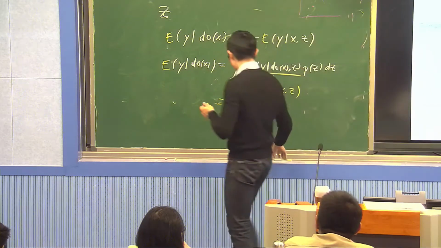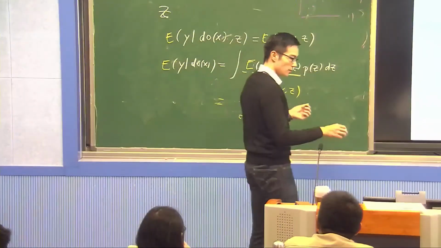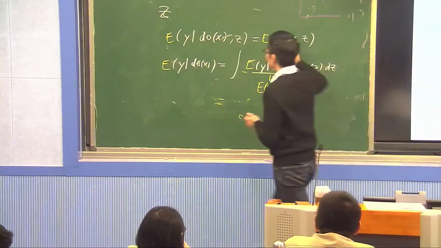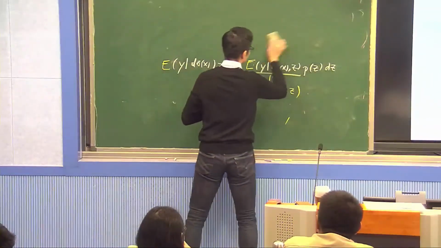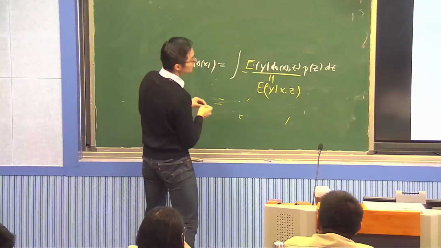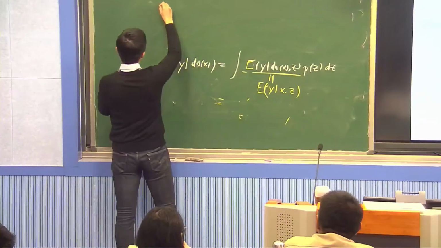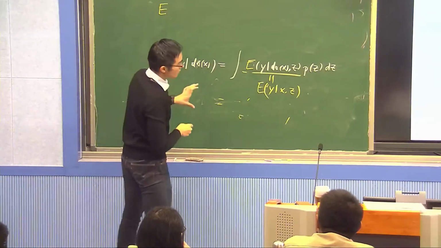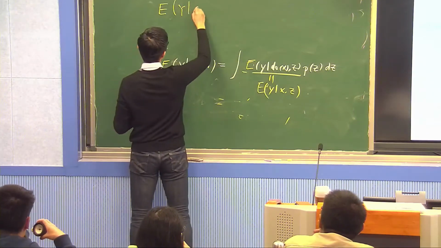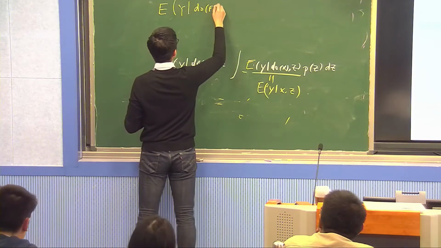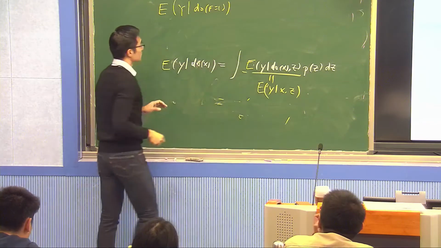What does this formula tell us? Let me just write E here. I want to know E of Y, output or yield, given do(fumigation = 1). What is that?